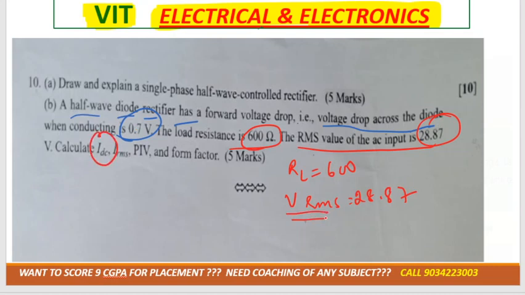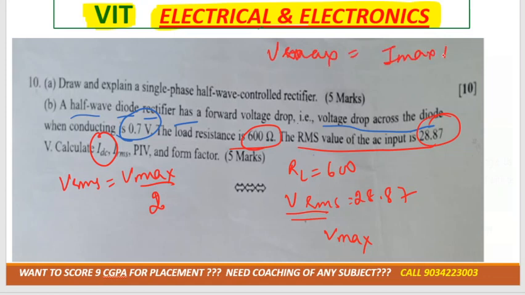If we know the value of Vrms, can we get Vmax? That you know now, Vrms is equal to Vmax divided by 2. Now Vmax is equal to Imax into RL, according to Ohm's law, V is equal to I into R. Vmax you know, RL you know. Can you get Imax?